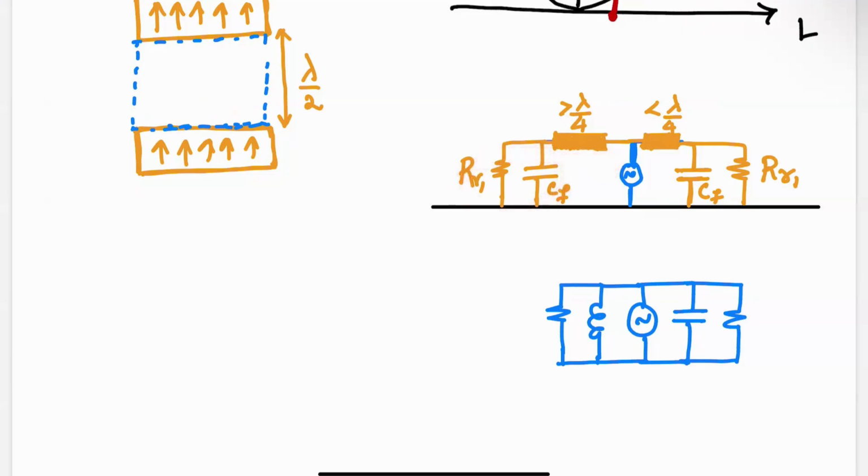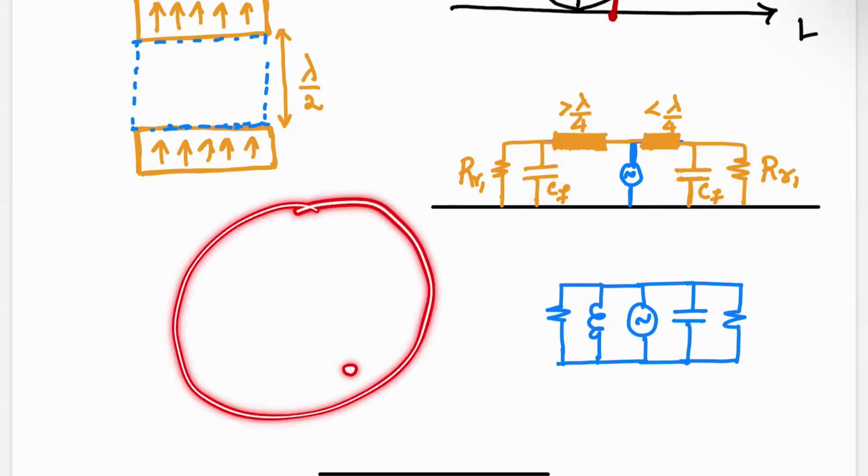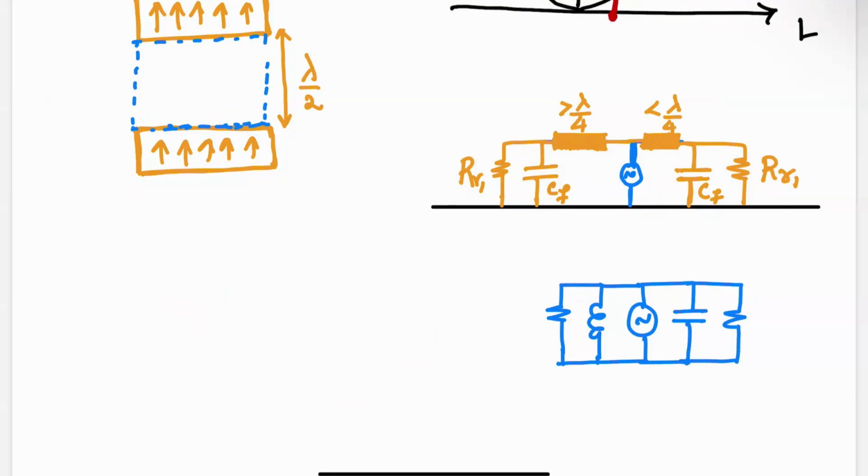If that becomes a capacitance, then this should become an inductance, because these fringing fields we're assuming are the same. If I'm on the Smith chart on the bottom side and go greater than lambda over 4, I become capacitive again. If I went from here less than lambda over 4, then that would be inductive. So that's the intuitive argument that one side should become inductive and one side should remain capacitive.